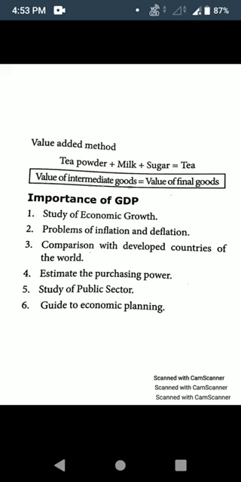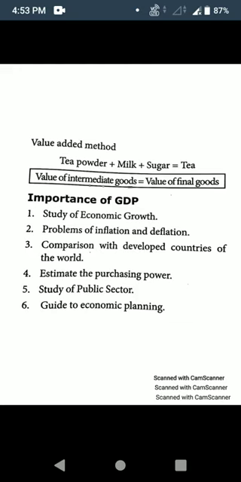Next one, the third one is the comparison with the developed countries of the world. What is the meaning of comparison? We can compare with other countries also. This GDP will give more importance for the comparison, with the developed country, with the developing country, with other countries like USA, Britain, France.